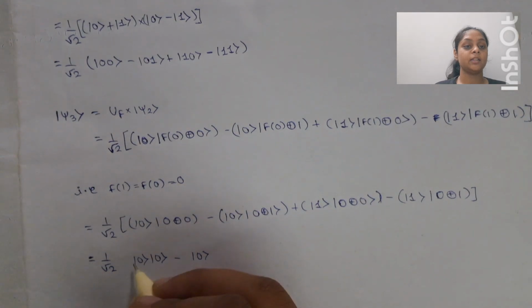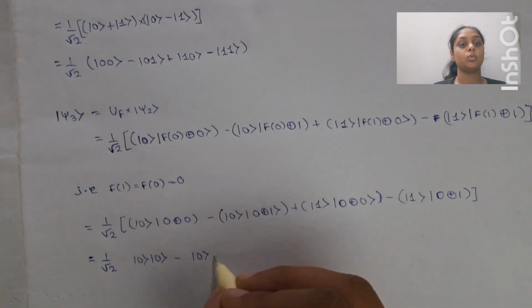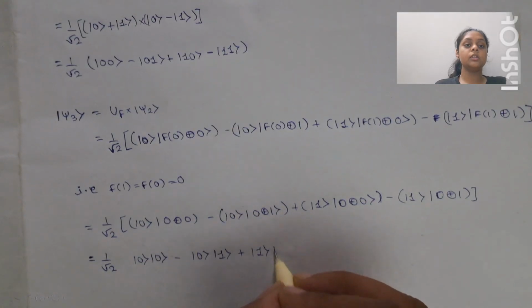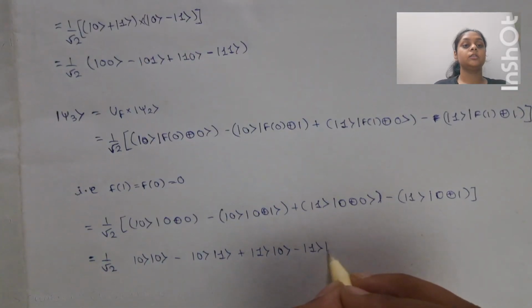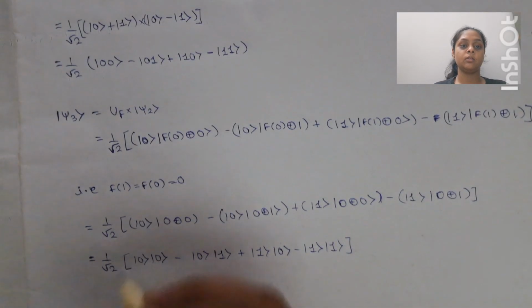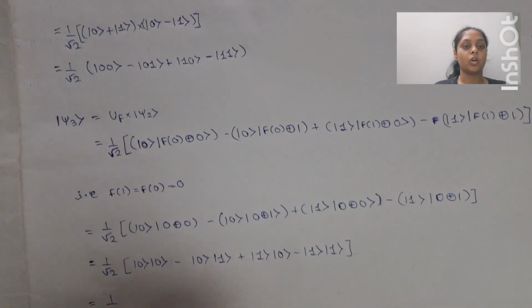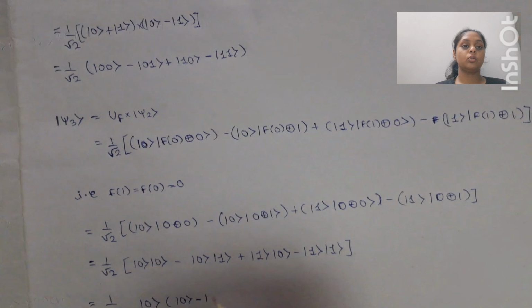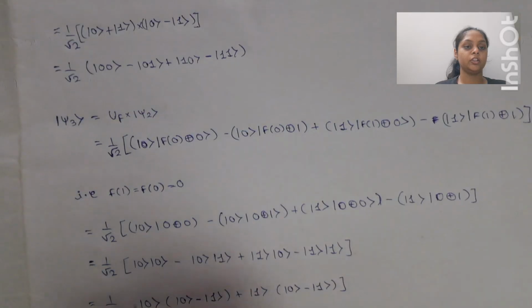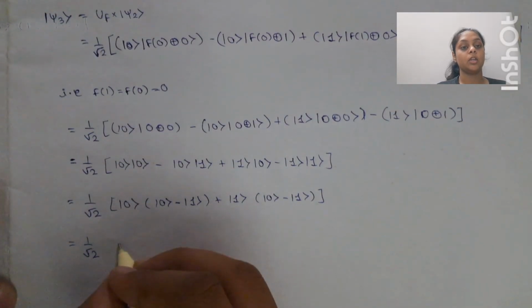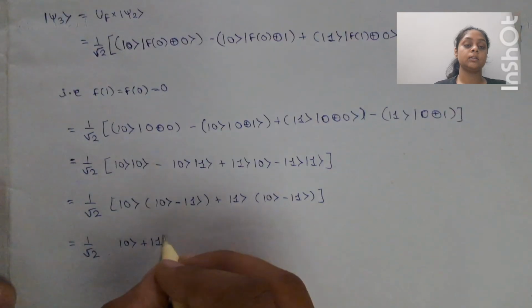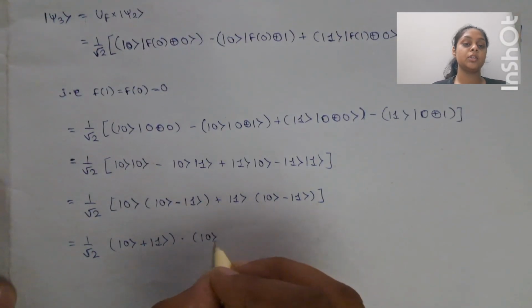Therefore, the equation becomes 1 by root 2 (|00> minus |01> plus |10> minus |11>). Taking |0> and |1> common, we get |0> in bracket (|0> minus |1>) plus |1> in bracket (|0> minus |1>), which is equal to 1 by root 2 (|0> plus |1>) into (|0> minus |1>).